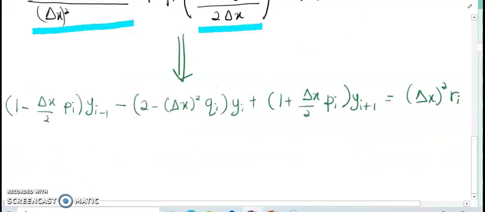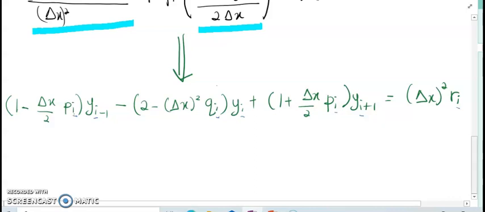This subscript i refers to the interior nodes where i equals 1, 2, 3 up until n minus 1. The delta x is the step size, or the length of each subinterval.